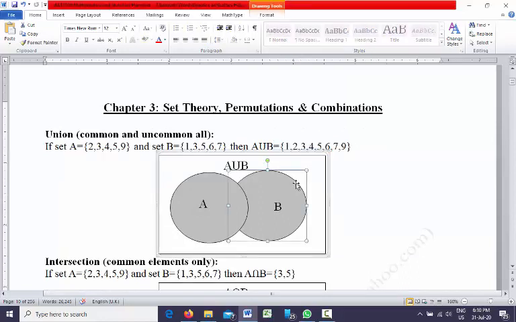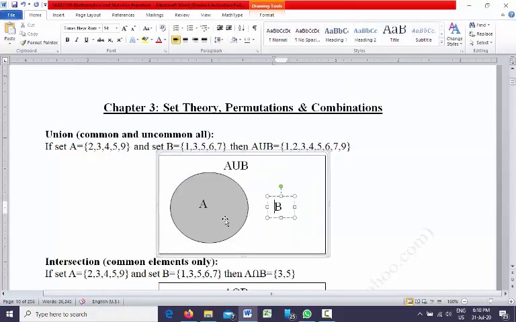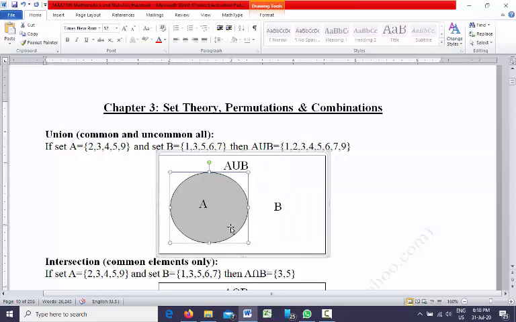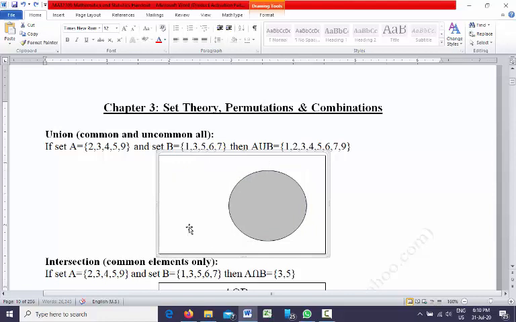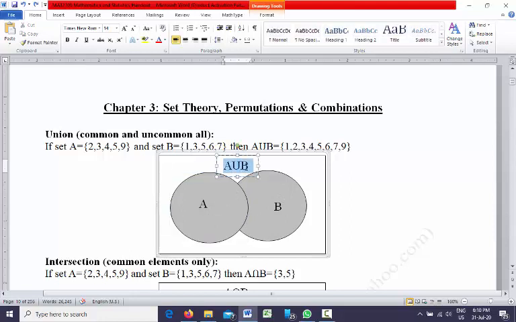So pay attention. This is set A. So the shaded area we have here is set A. This is set B. This shaded area is the set B. And together the total shaded area is A union B. So this one and this one is the total area occupied by these two circles.